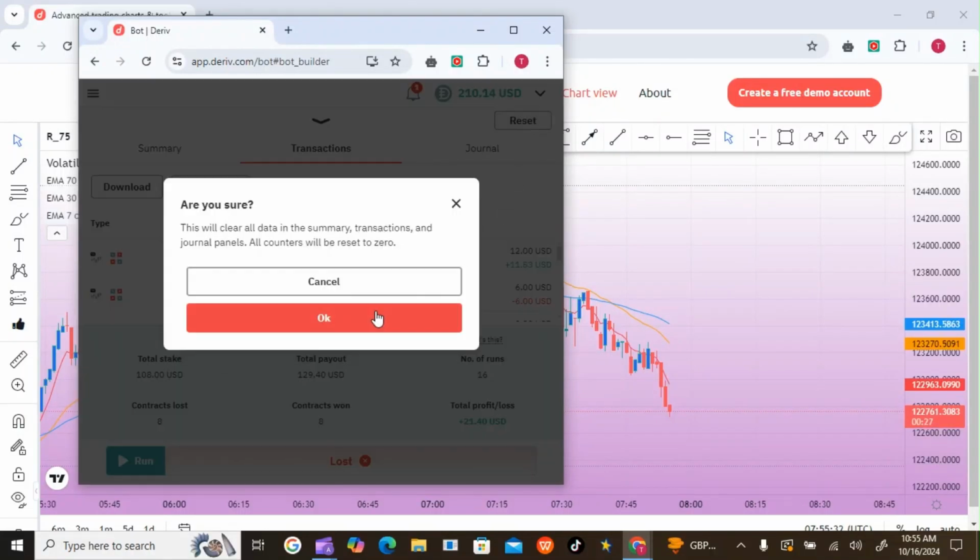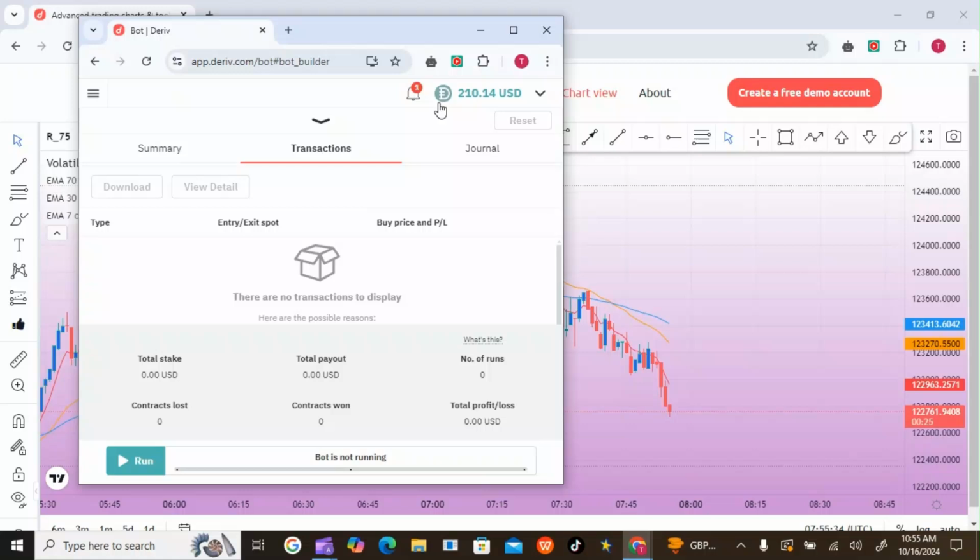And for those beginners who have not completely tried all the strategies I've shown you to trade using the over under, that's the best market I would recommend some of you to trade. If you are not trading the over under, go and try the rise and fall, or the higher lower.